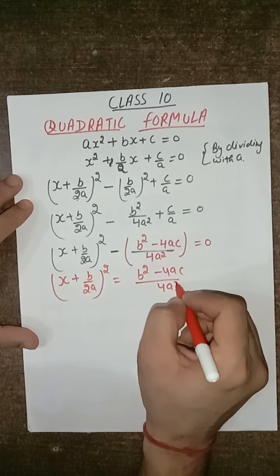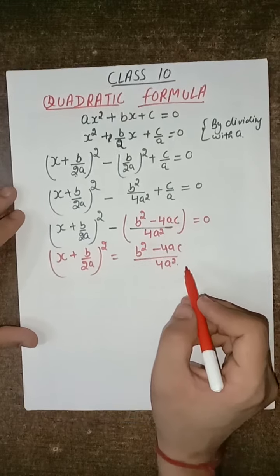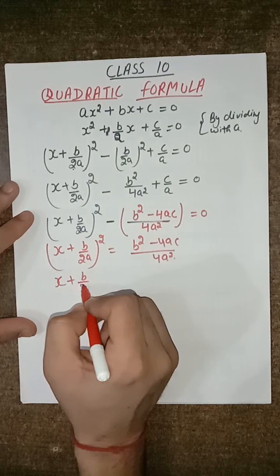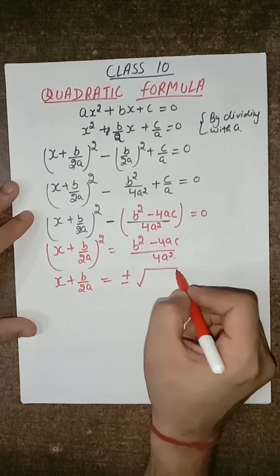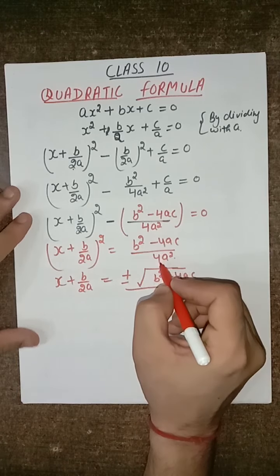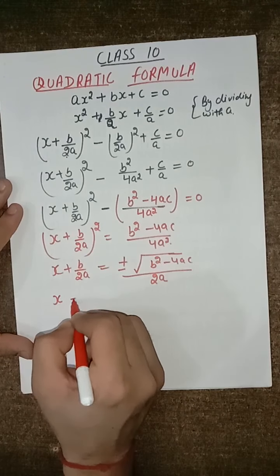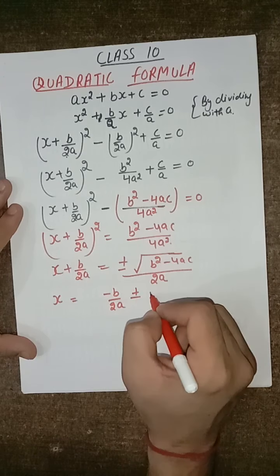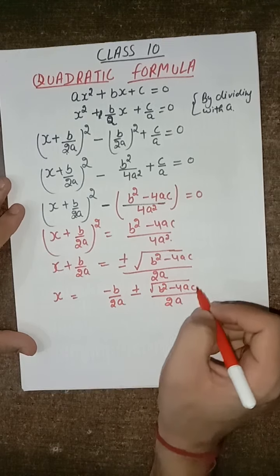When this square goes on the right side, it will become square root and plus minus. x plus b divided by 2a equals plus minus square root of b square minus 4ac, and the square root of 4a square will be 2a. So x becomes minus b divided by 2a plus minus square root of b square minus 4ac divided by 2a.